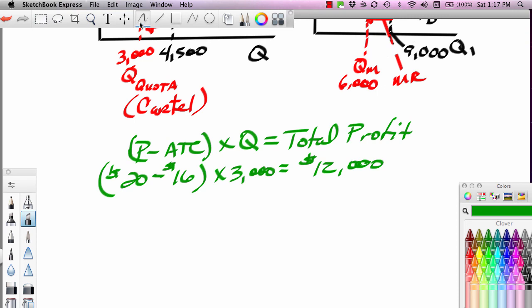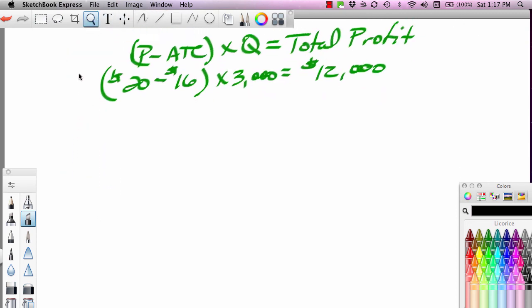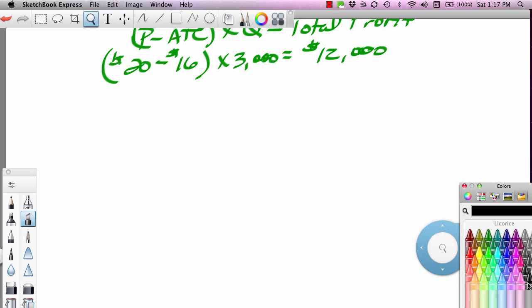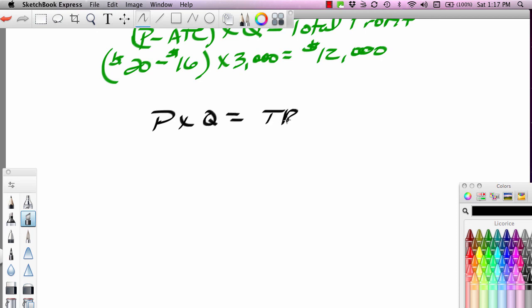Now let me show you something here. I want to show you a couple things before I wrap up. I'm going to go back to black. It's easier to see. Move this up a little bit. Let's take a look at the revenue side first. If you take price times quantity, you get total revenue.